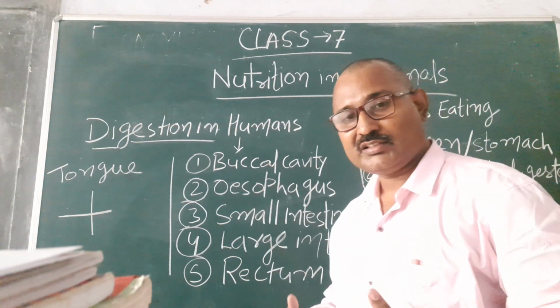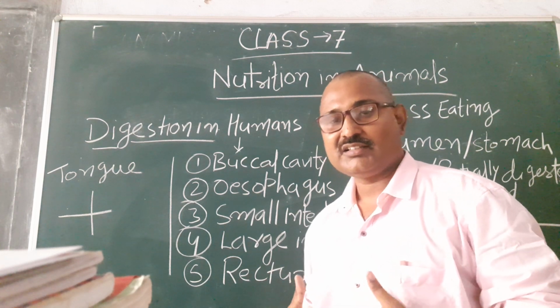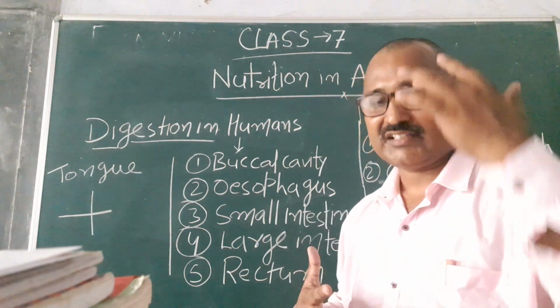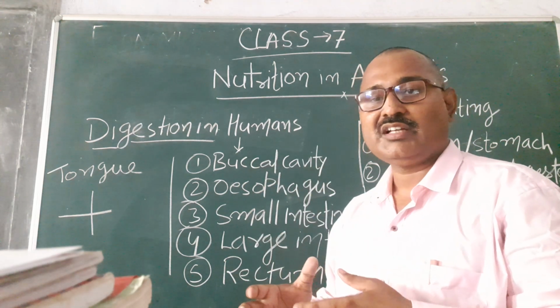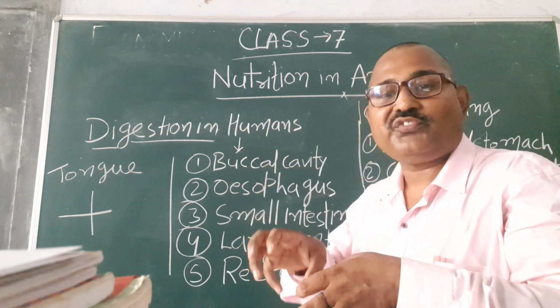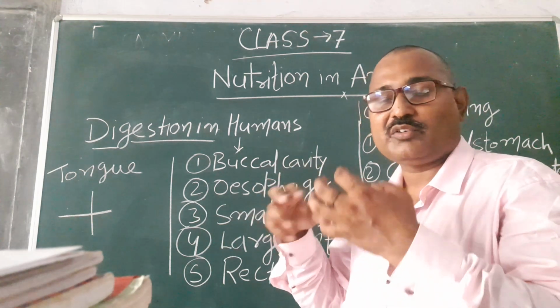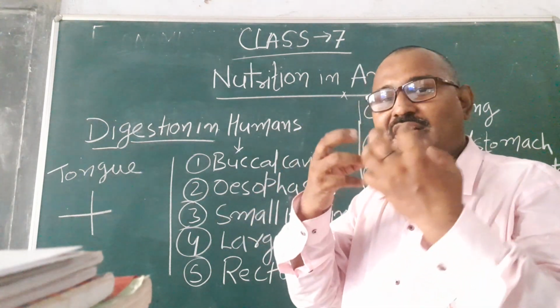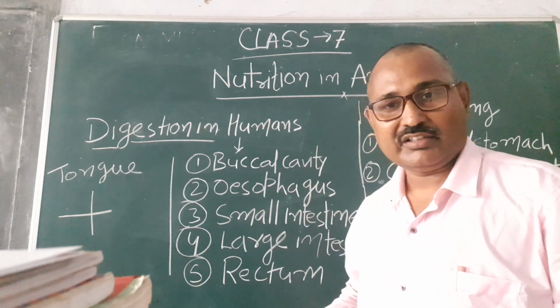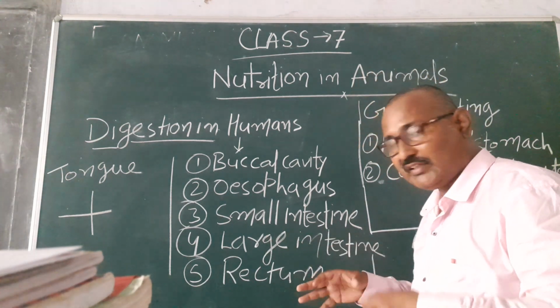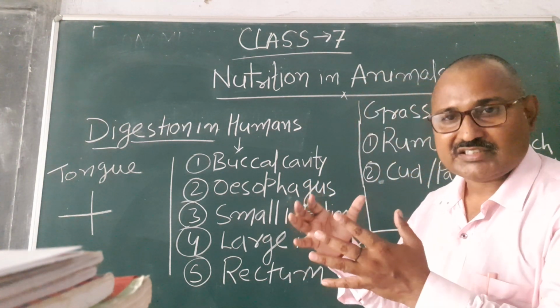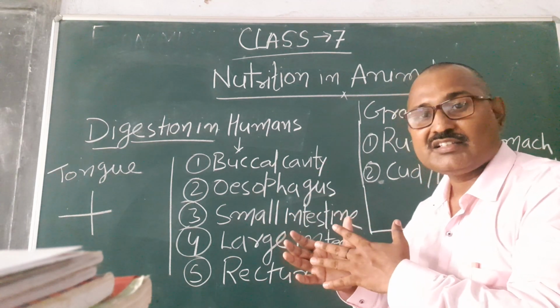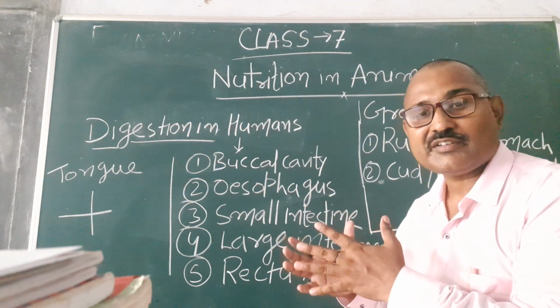Then here is the stomach. In the stomach, there is HCl acid. It kills the germs and liquefies the semi-solid material after chewing, right? Then it comes to where the liver is. What does the liver secrete?